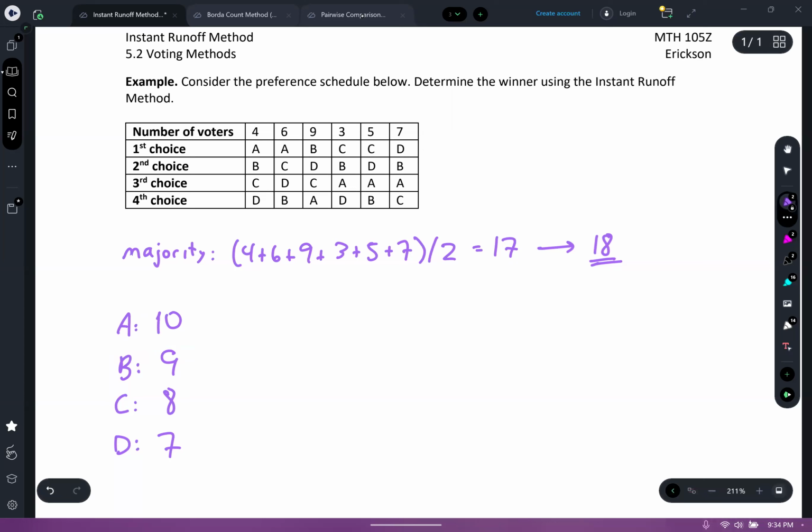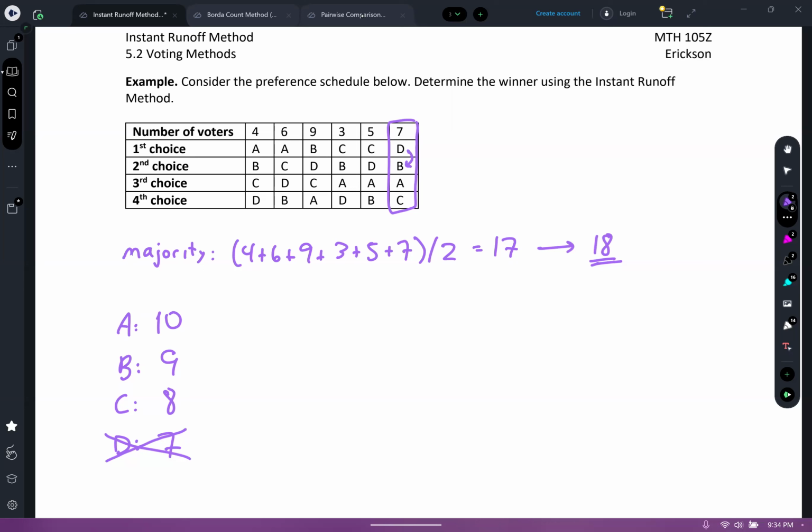So to go to the next round, we first eliminate the candidate that got the least number of first place votes, and that would be D. So looking at this column, those 7 voters who chose D first, we're now going to see who was their second choice candidate. So those 7 voters ranked D first, but they ranked B second.